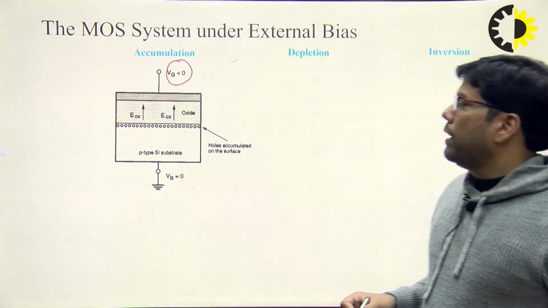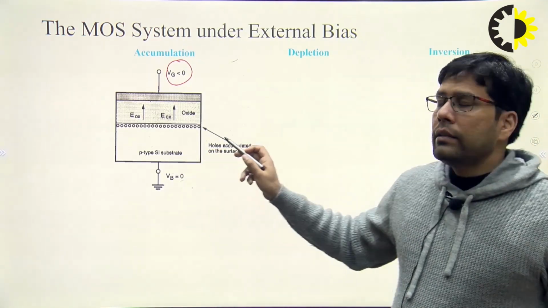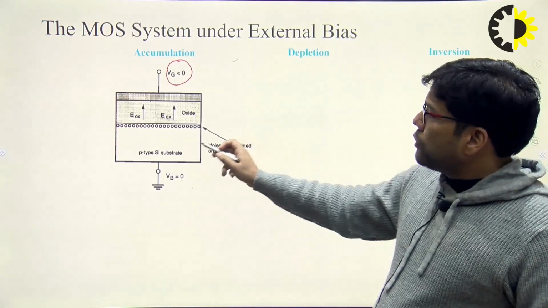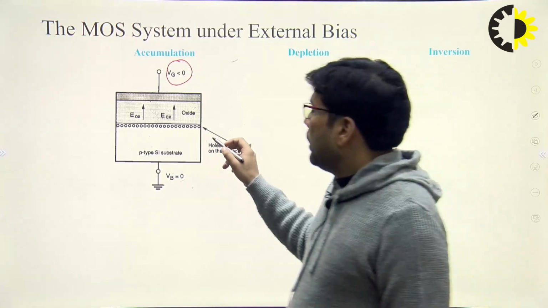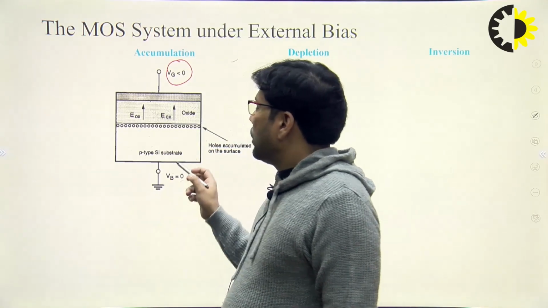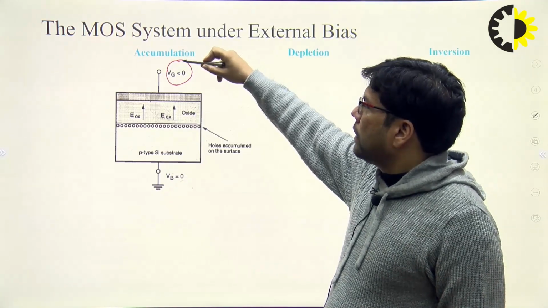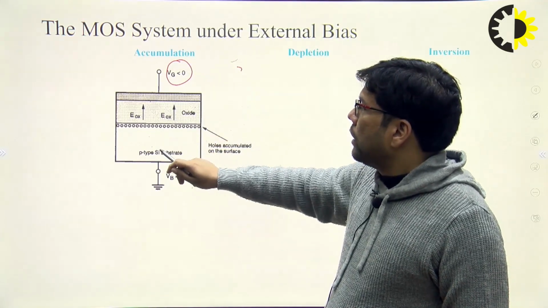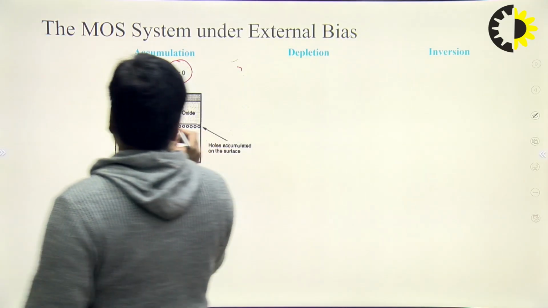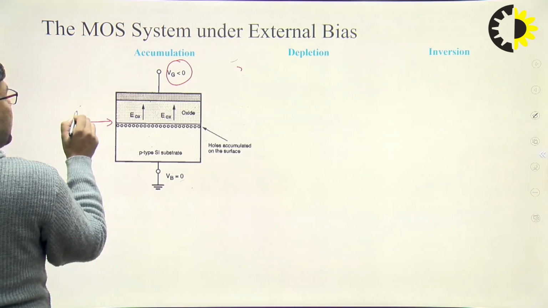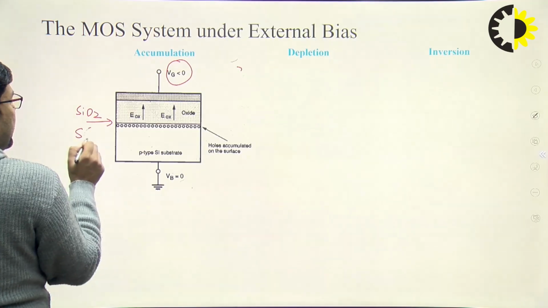If you apply the negative gate voltage, the p-type material has majority carriers of holes while the minority carriers are electrons, right. Because here we have applied negative voltage, holes are attracted or accumulated at the interface of the SiO2 layer and semiconductor layer.